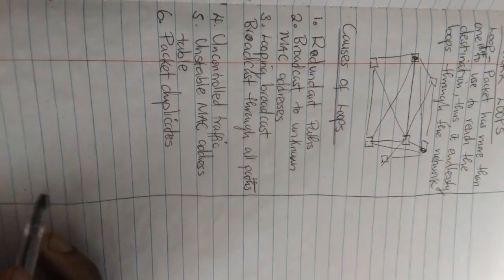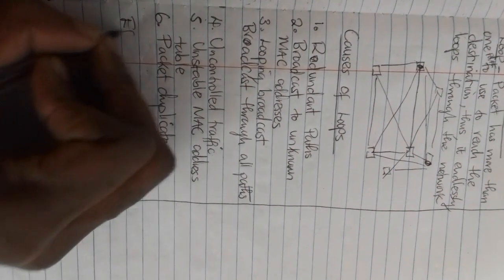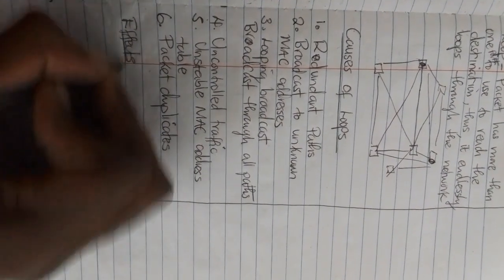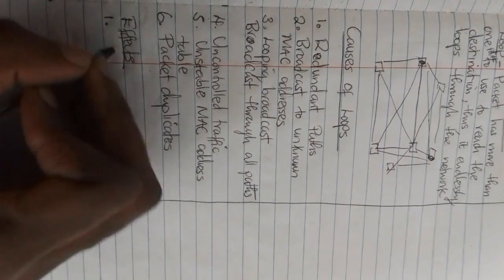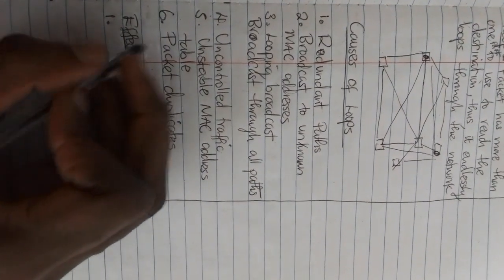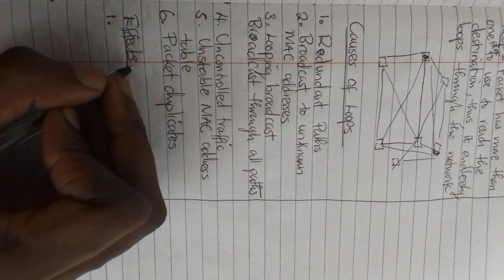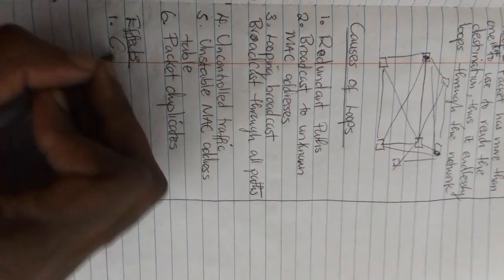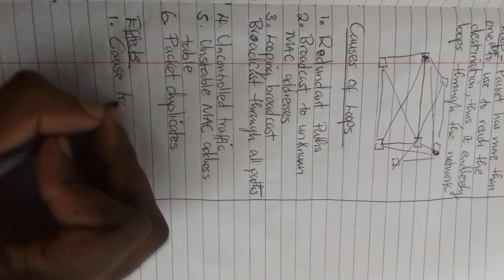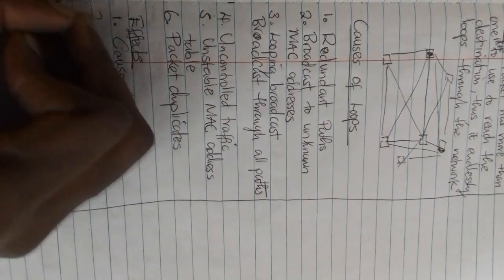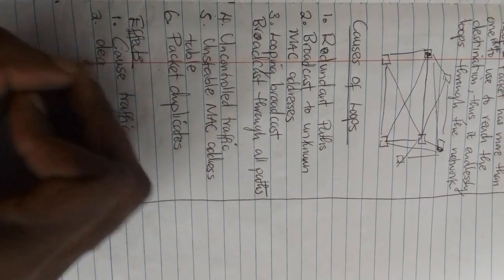As a result, what are the effects of this? The effects, or results, of a loop. One, you're going to have traffic. Two, degraded performance.